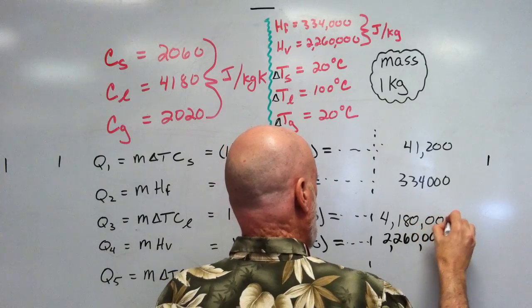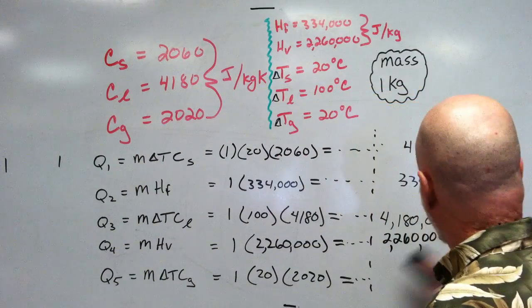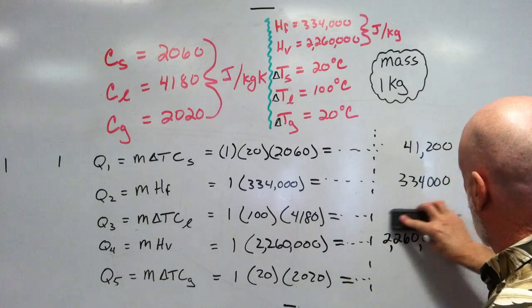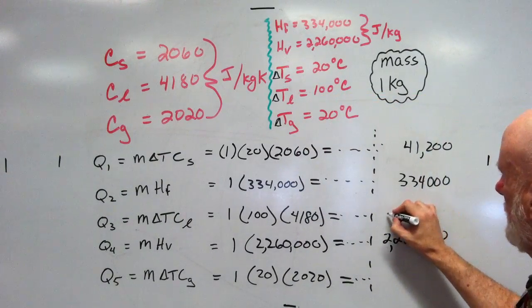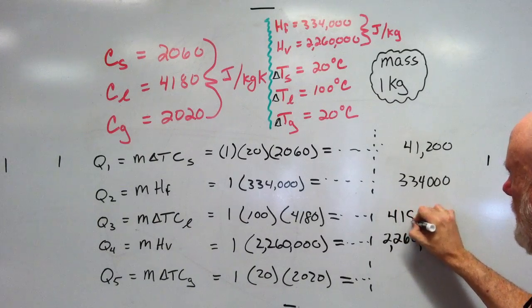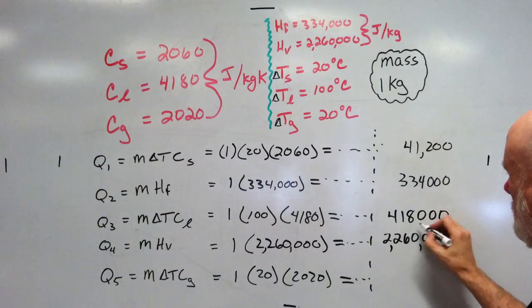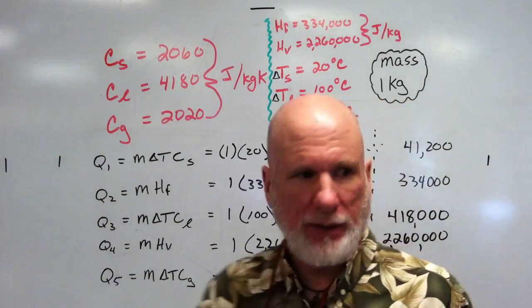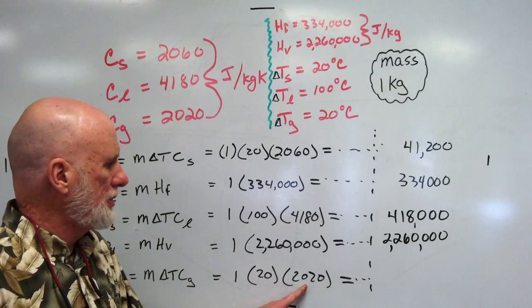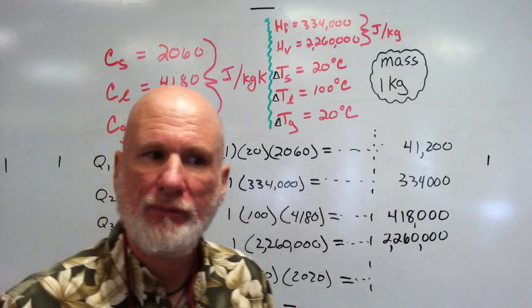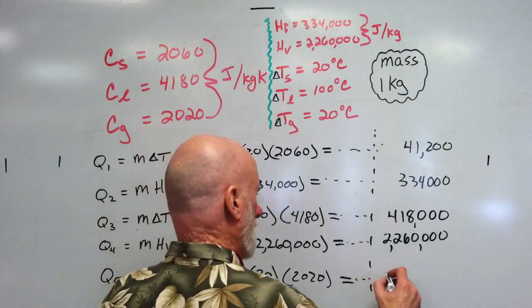It's just 2 zeros, because if you multiply by 100, not 1,000, it's 418,000. Clear? And then 20 times 2020. It's 40,400.